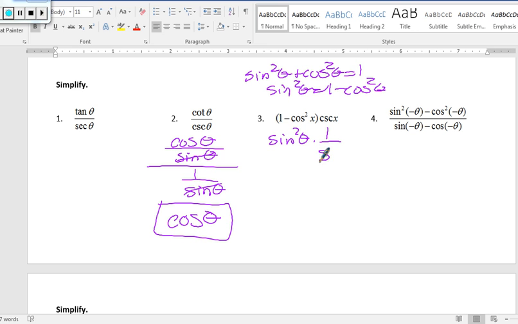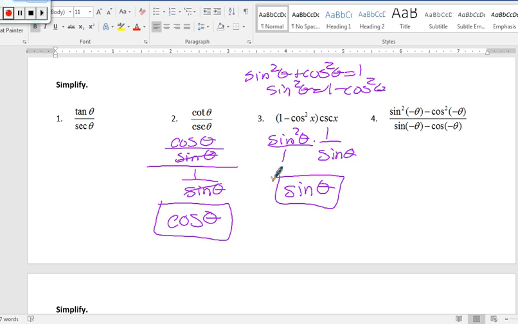Cosecant is 1 over sine theta. So now I have 2 sines in the numerator, 1 sine in the denominator. One of them will cancel out, and we're going to reduce ourselves to sine theta. I do need to stress to you guys that the value in all this is the work, so there is no skipping of steps. You will have to write everything out as we go.